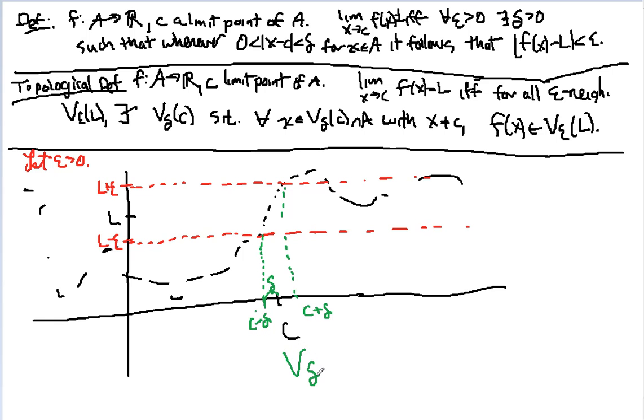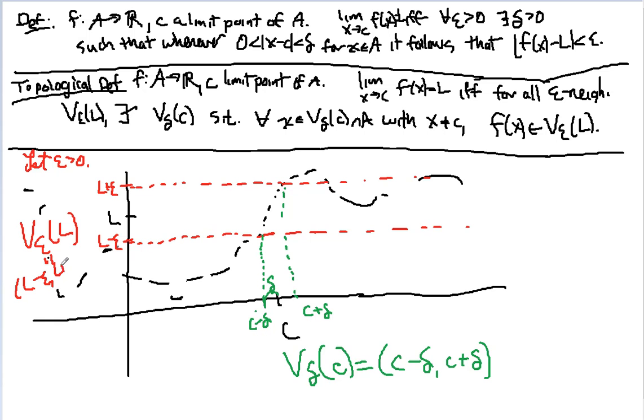My delta neighborhood of c is just going to equal c minus delta, c plus delta, and very similarly, my epsilon neighborhood of L is going to equal L minus epsilon, L plus epsilon.